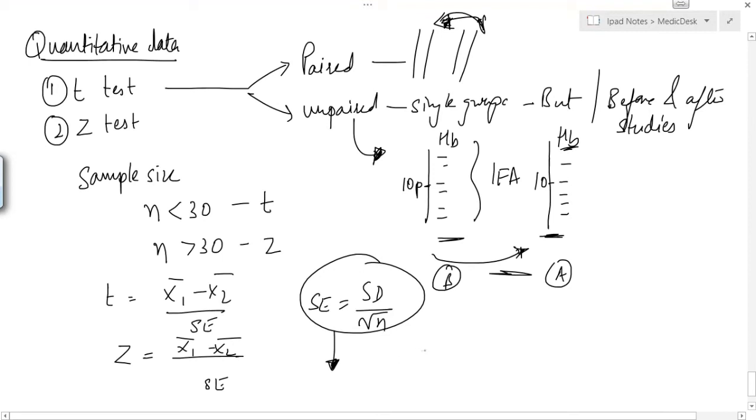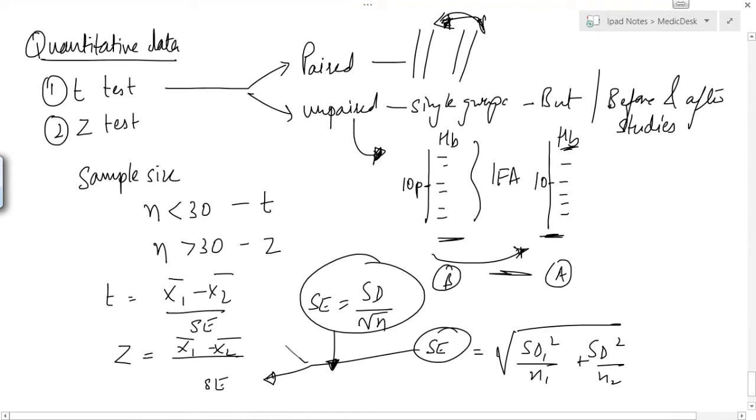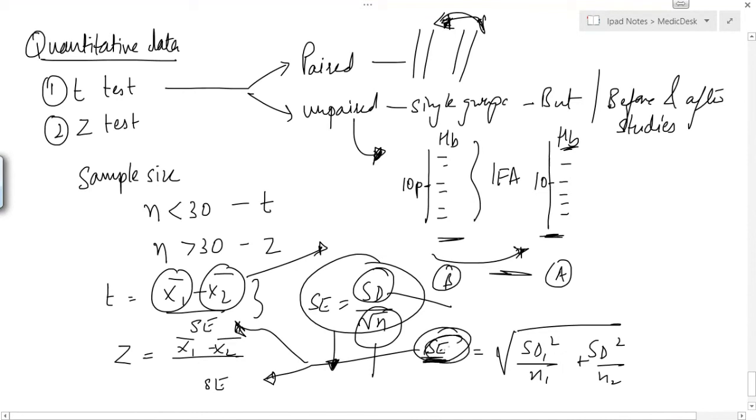If there are two groups, then we will have two values: SD1 square upon n1 plus SD2 square upon n2, and this value will be calculated and kept here. The difference between means is given in the question. Standard deviation can be given in the question. Sample size is always given, so we will find the standard error, keep it here, and from that we will calculate the T and Z values.